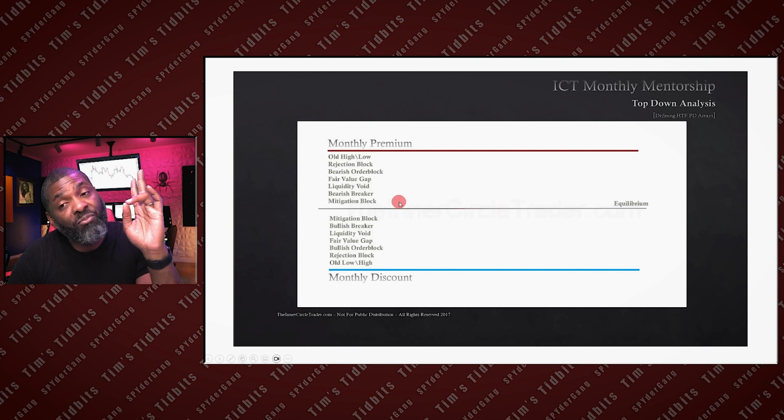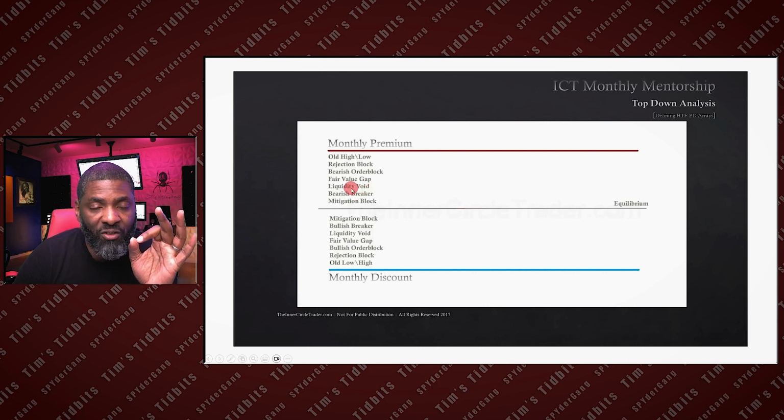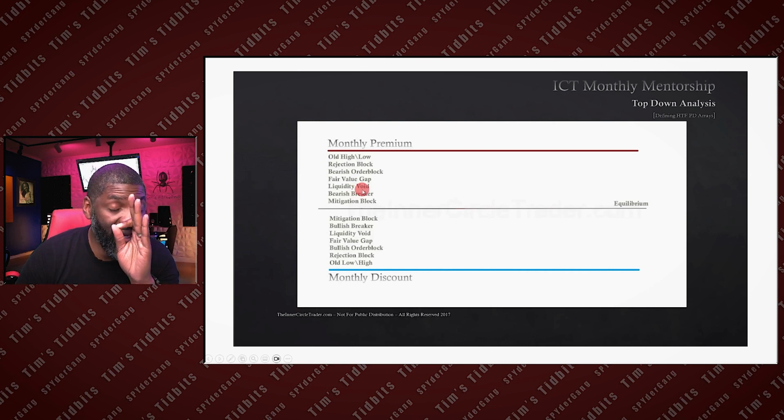So as you're going up through price, you're going to look for mitigation blocks. There's no mitigation block there. You're looking for breakers. There are no breakers there. You're looking for liquidity voids. Now, one note about liquidity voids. Back when ICT started teaching this, the liquidity voids that he was mentioning in here are actually just imbalances, buy side or sell side imbalances.